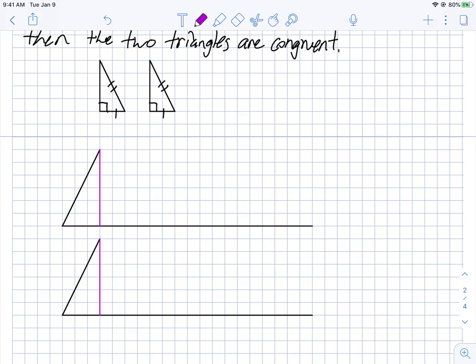We get this hypotenuse-leg theorem. We end up with the right triangle. Let's call these the same, and these would be the same. If we make this a right triangle, the two lines here end up being the exact same length when they make that right triangle. So we're forcing it to be a right triangle. These two triangles have to end up being the exact same.